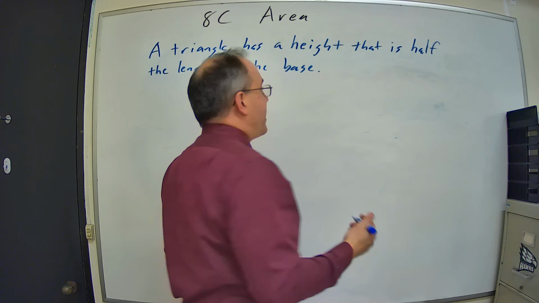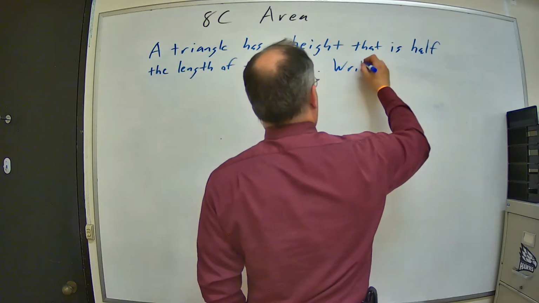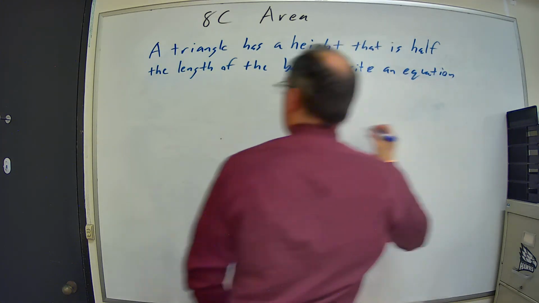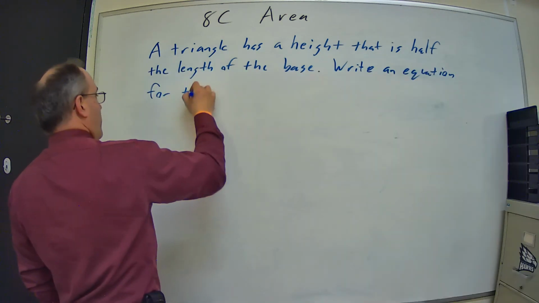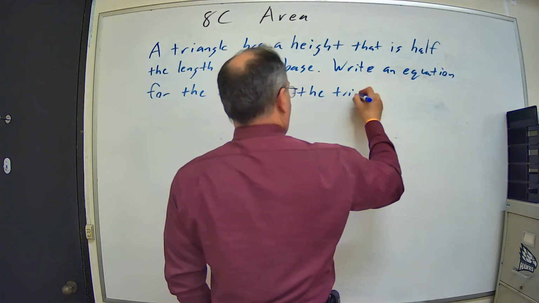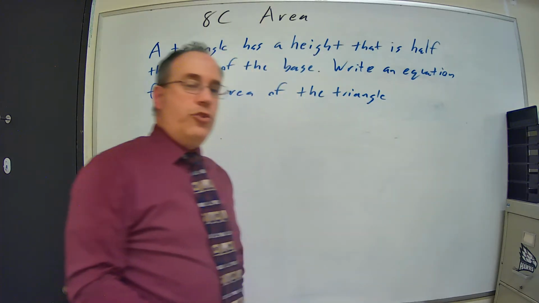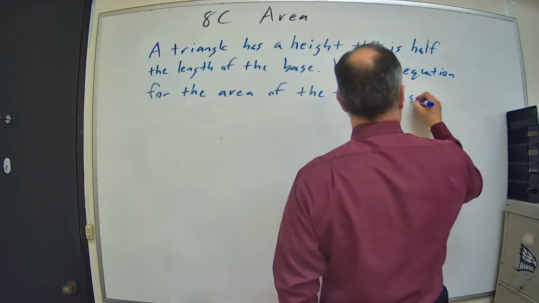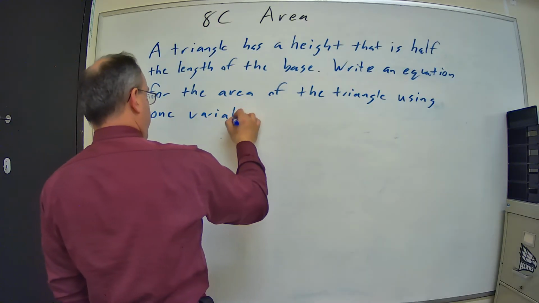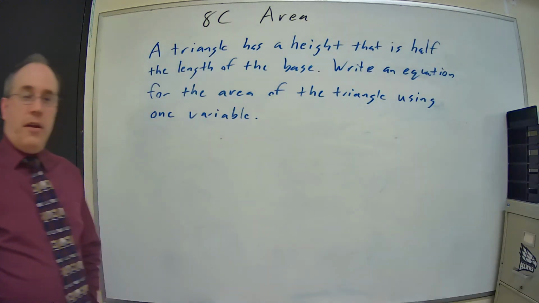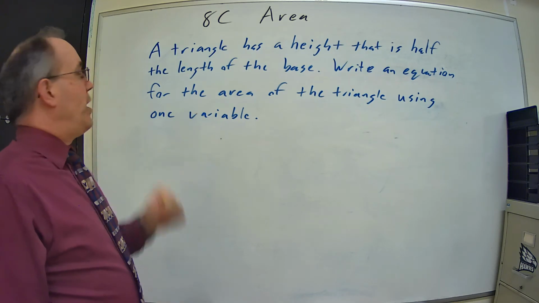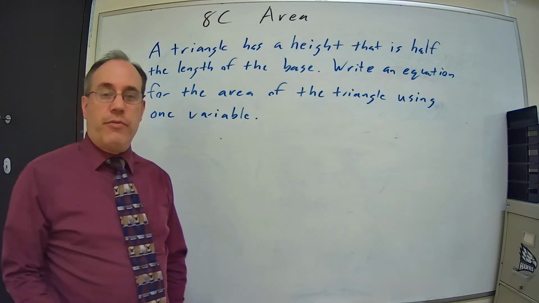Write an equation for the area of the triangle using one variable. Okay, so we've got a triangle has a height that is half the length of the base. Write an equation for the area of the triangle using one variable.